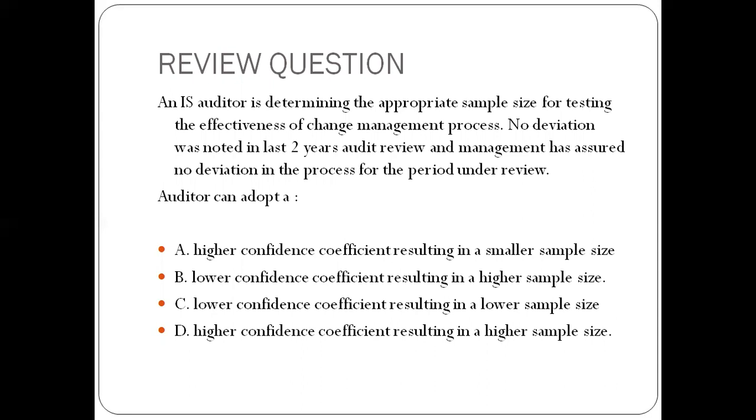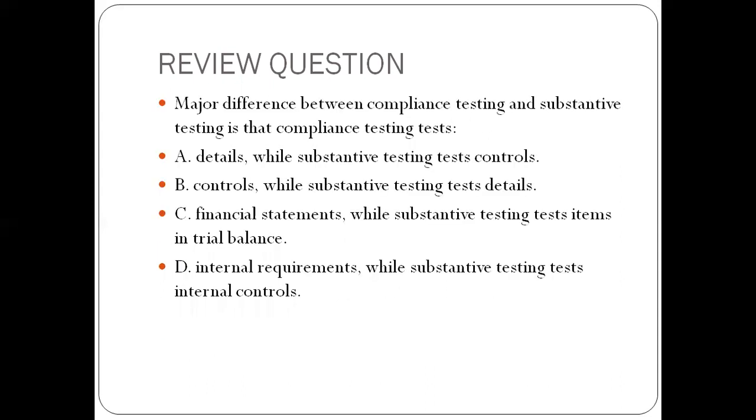If you are lowering your substantive testing, it means you are going to lower the sample size. And if you lower the sample size, it means you have lowered the confidence coefficient. So the best answer is definitely C, lower confidence coefficient resulting in a lower sample size. The answer is C.